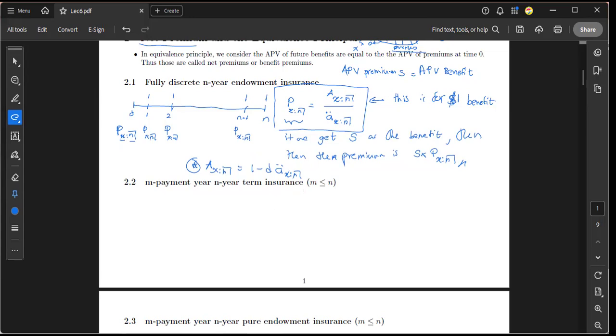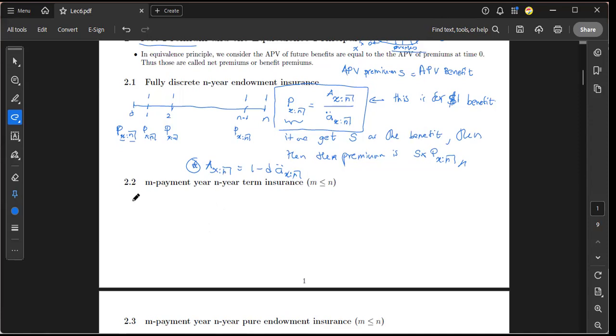And now, let's say we have an m-payment n-year term insurance. That means we have m payments and the coverage period is an n-year term. Still, it's discrete, and we have a $1 benefit because if it is not stated, we consider the benefit to be $1.